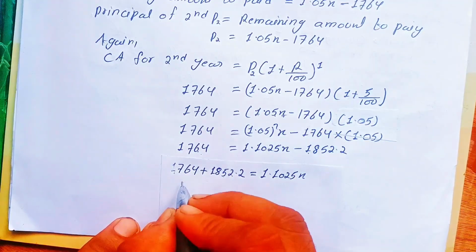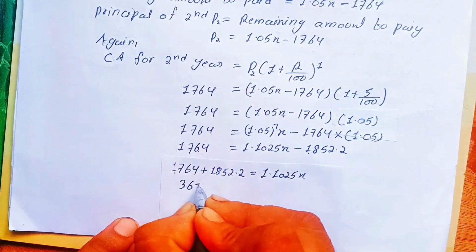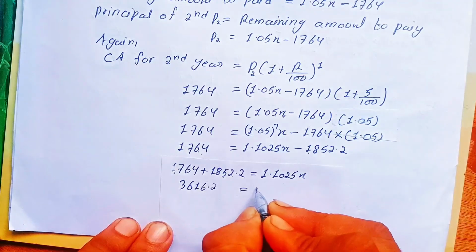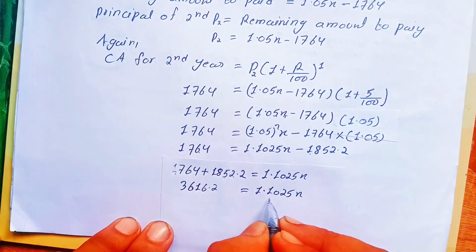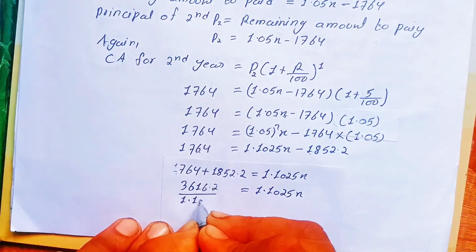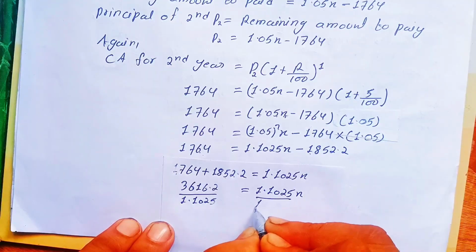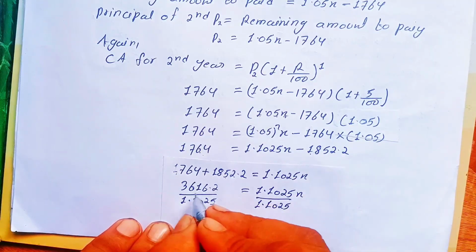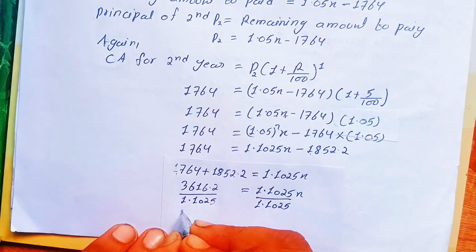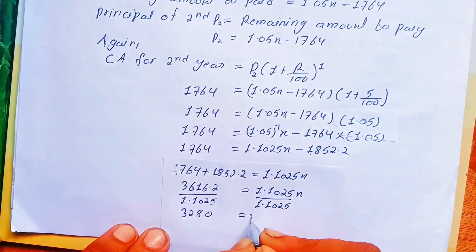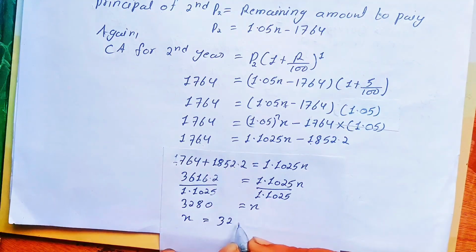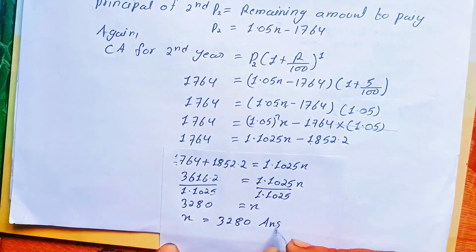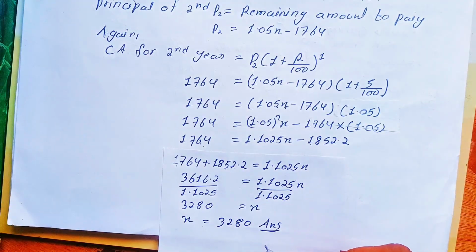Adding these two, we have 3616.2, which is equal to 1.1025x. Now again we divide both sides by 1.1025, so the left side becomes 3280, which is equal to x. So finally we got x equal to 3280. This is the final answer for the total sum of money that was borrowed.